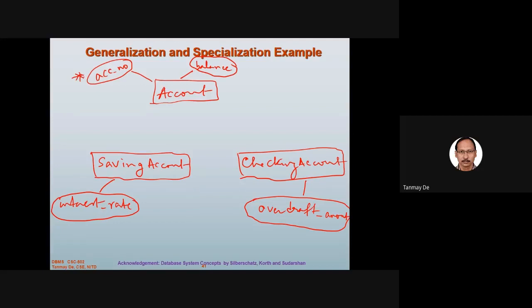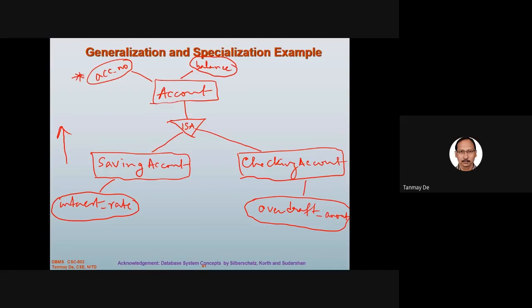So we can say, reflected by is a, this is the lower level, this is a bottom up approach. This is the generalization. The lower level entity sets savings accounts and checking accounts contain the attributes of the higher level entity set, account number and balance.